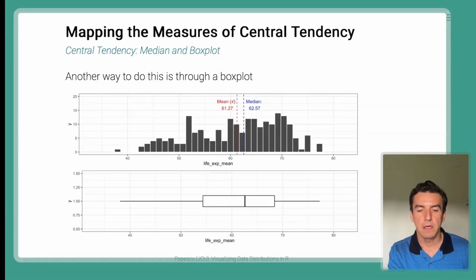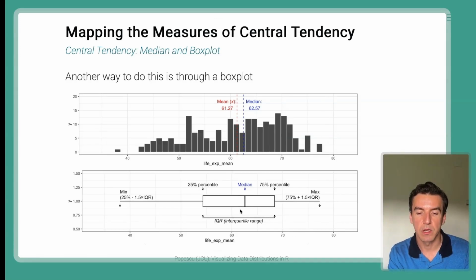Okay, here's another way to display the spread of our data. This is done through what is called the box plot, which you can clearly see after the histogram. So how do we read the box plot? Here's how we read it.